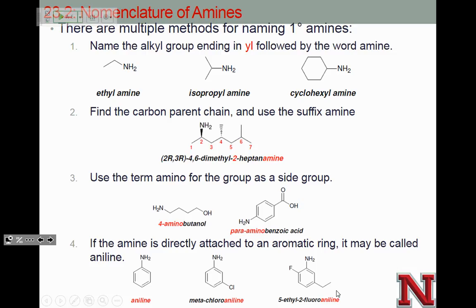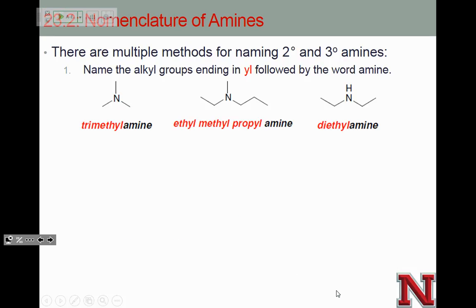We've looked at aniline before; we saw it in chapter 18. If we have secondary or tertiary amines, especially if the R groups are simple, we usually name them alkyl-alkyl amine or alkyl-alkyl-alkyl amine, depending on what the alkyl groups are. So trimethylamine here, and we talk about triethylamine a lot as well, known for its 3 ethyl groups.